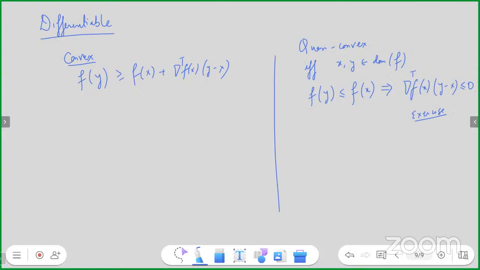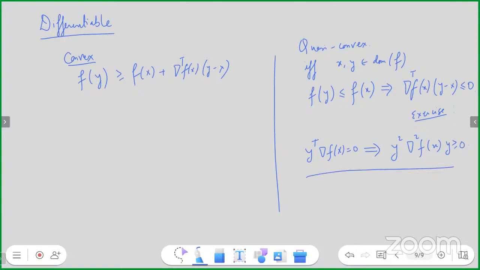Similarly, you can also get your second derivative conditions. I'll just state them. For quasi-convex, you get: y transpose del f(x) equal to 0 implies y transpose the Hessian y is greater than or equal to 0. This proof you can find in the book.